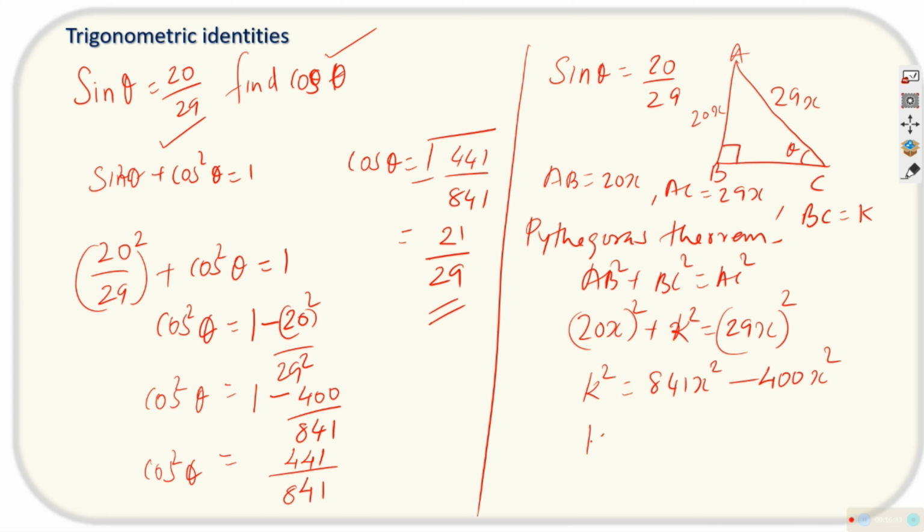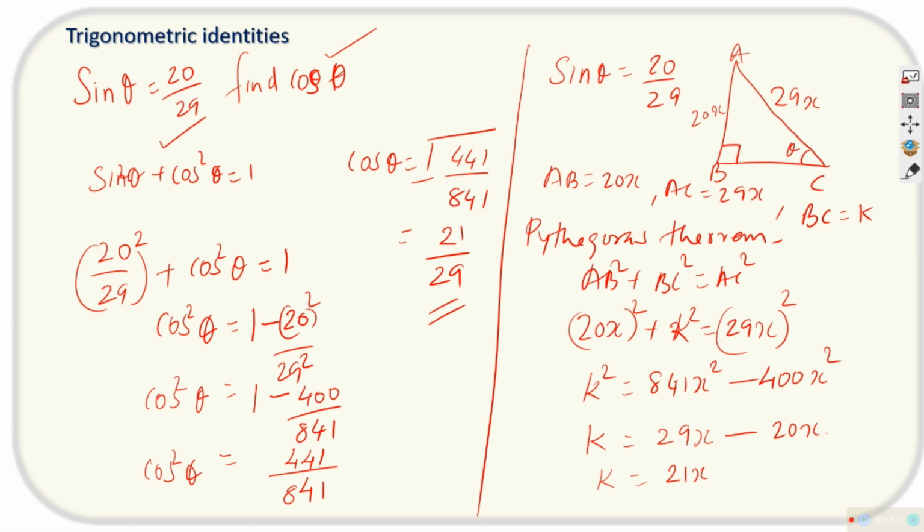Now k is equal to the root of this, root of 841x square minus 400x square, which is 21x. K is equal to 21x. K is considered as BC here.